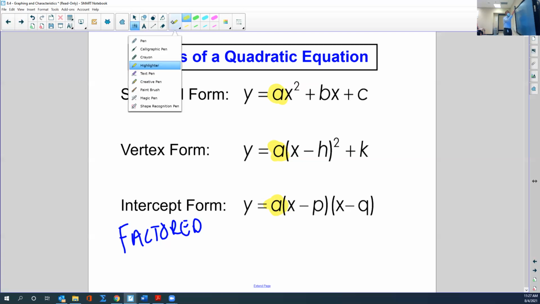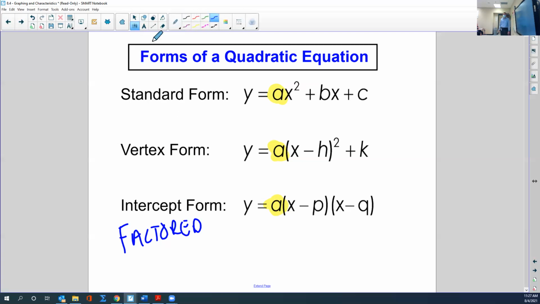Are there two x-intercepts? There could be two, could be one, it could be zero. If there are, they give you the x-intercepts, so you would have an x-intercept at (P, 0) and (Q, 0). What is the vertex?